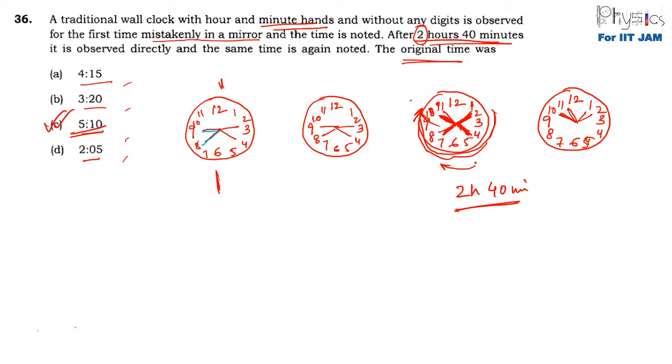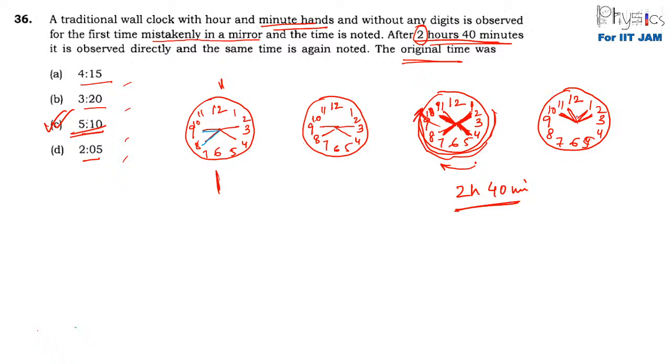So let's see what your answers are. Pooja's answer is option A, Saurav's answer is option D. I don't think it is option D, because in case of option D, 2:05, right? The difference is not 2 hour 40 minutes.